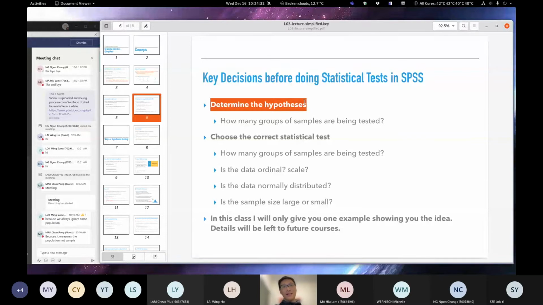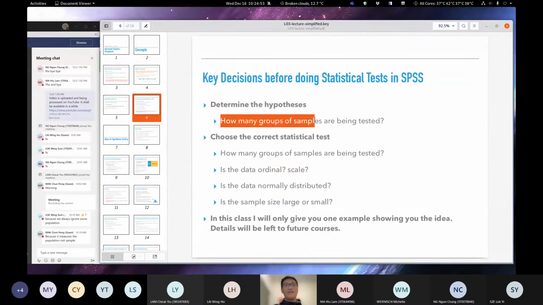It means something that you want to test whether it is true or not. But how do we write down the hypothesis? I will tell you more details in the following pages, but one consideration is how many groups of samples are being tested.